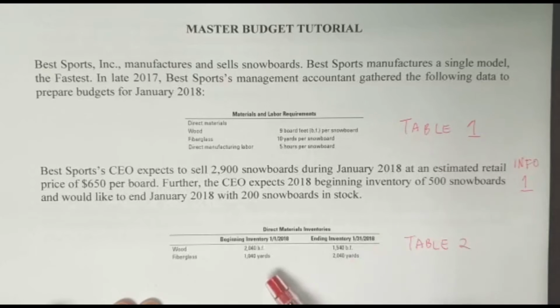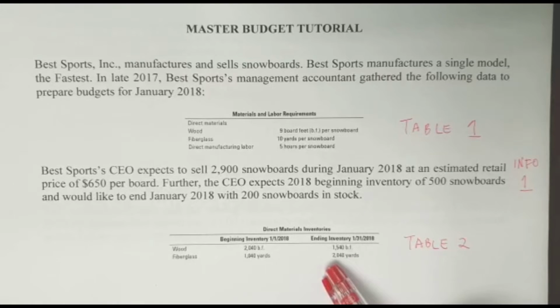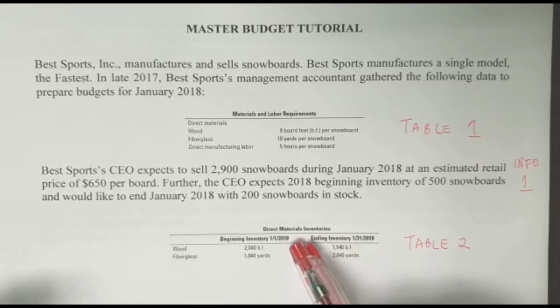Right, now we look at other information given to us. The direct materials inventories information, we can see here for direct materials. You remember that in management accounting we learn about direct material, direct labor as well as overhead. So this is the information related to direct material only.